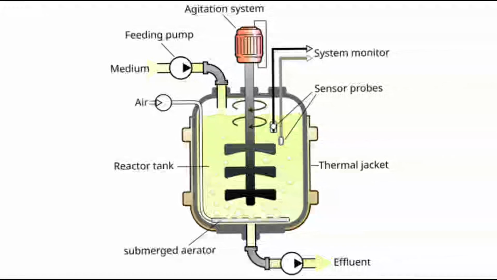The stirrer facilitates even mixing and oxygen availability throughout the bioreactor. Alternatively, air can be bubbled through the reactor. If you look at the figure, you will see that the bioreactor has an agitator system, an oxygen delivery system, a foam control system, a temperature control system, a pH control system, and a sampling port, so that a small volume of the culture can be withdrawn periodically.